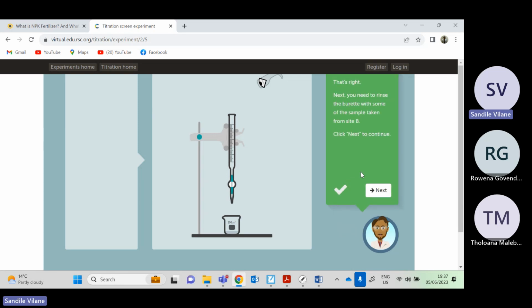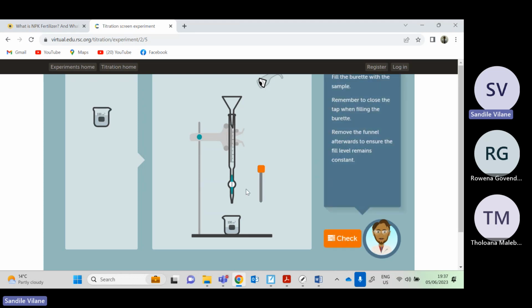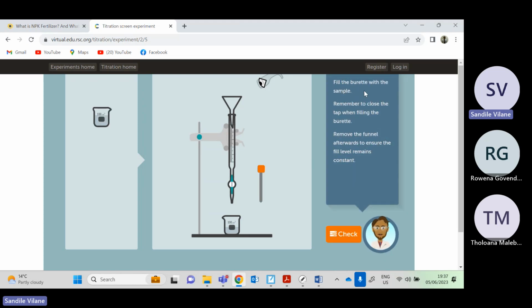Yes, that is right. You need to rinse the burette with some of the sample. Okay, rinse the burette with some of the sample from that. Let us use a funnel, and then we transfer. Now we have rinsed. That is correct. Next, fill the burette with the sample.